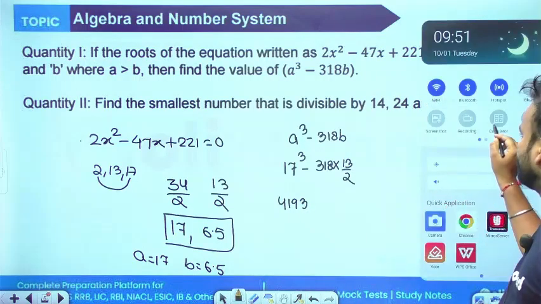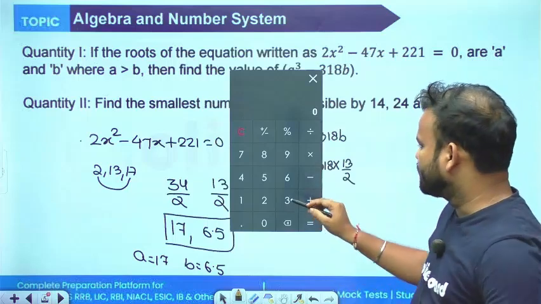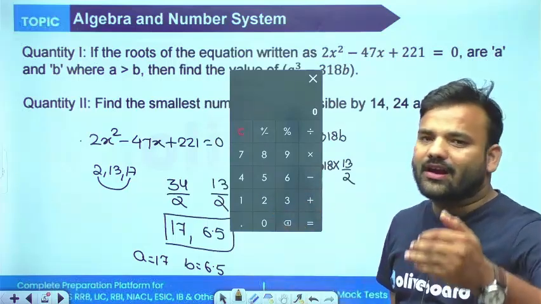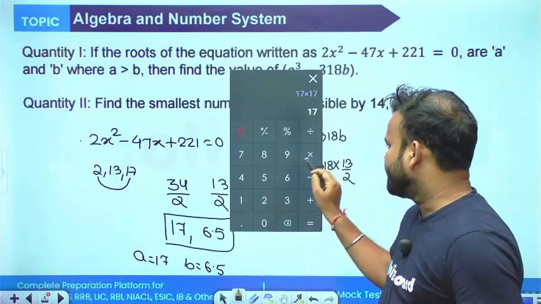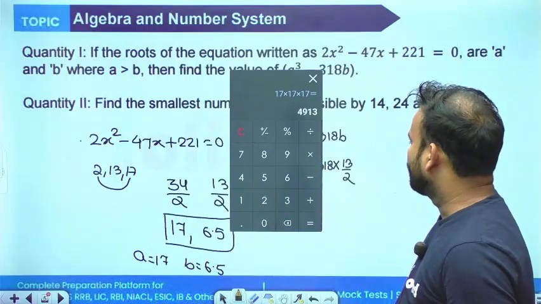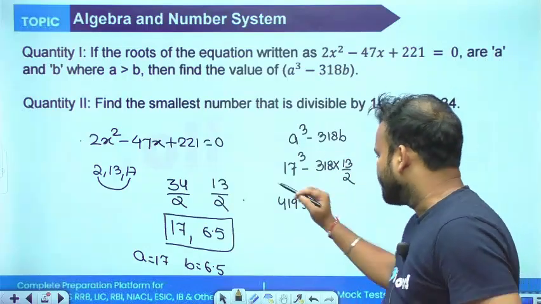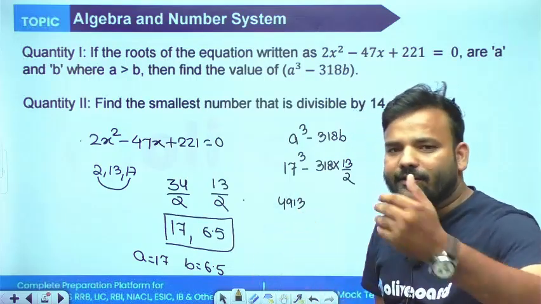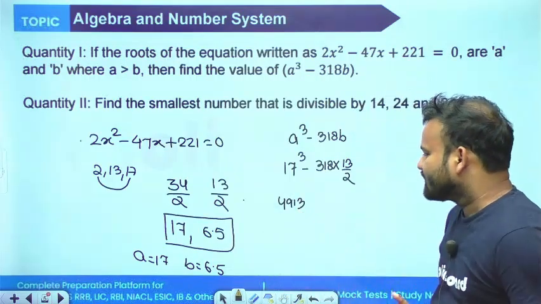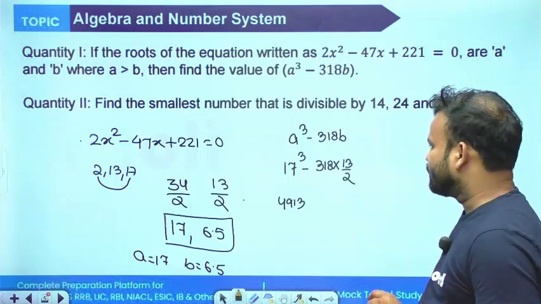You should know cubes up to 20 and squares up to 50. That is mandatory. 17 into 17 into 17 is 4913. Always I get confused in this, I always used to write 4193. That's why I checked this out.